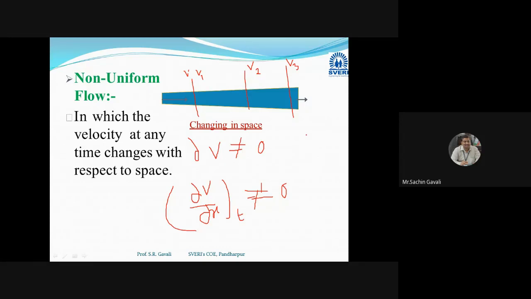So what is the example here? Water flowing through a non-uniform diameter pipe. That is an example of non-uniform flow.